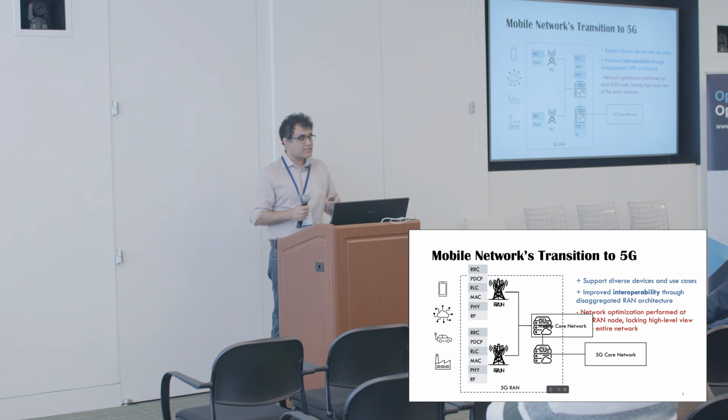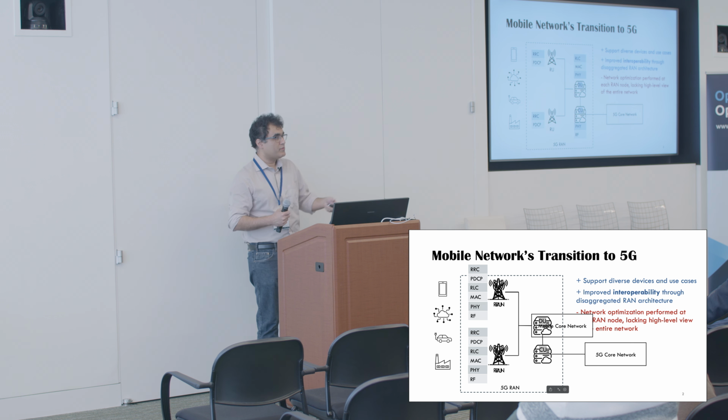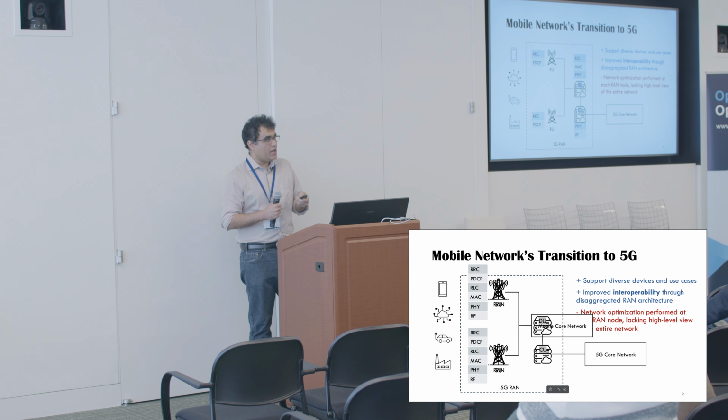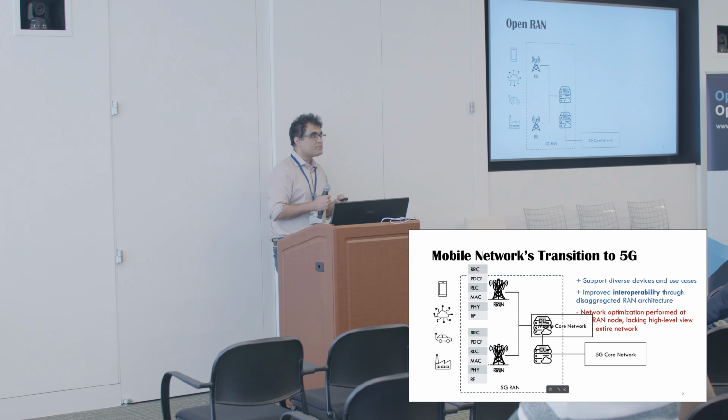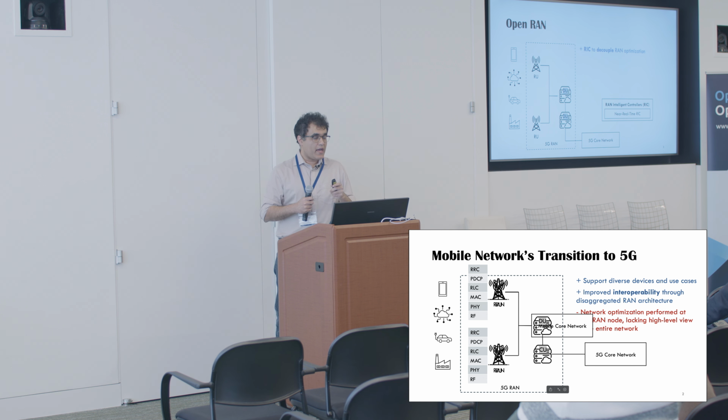Now RAN needs some kind of network optimization operations because they have to manage it, but to do this kind of network optimization and control, they need a very broad overview of the network. So to address this challenge, Open RAN has been introduced, which decouples RAN hardware from the network optimization and control.